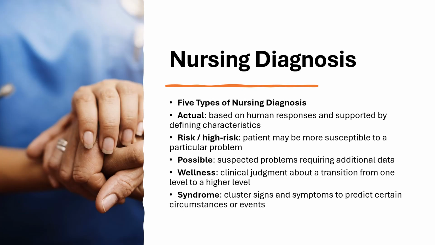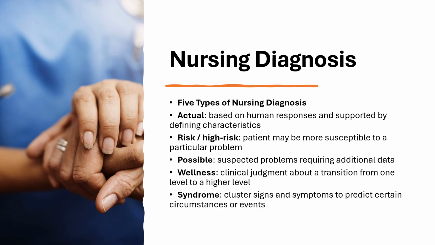For your nursing diagnosis, we have 5 actual types of nursing diagnosis. You have your actual, which is currently happening to your patient based on the responses supported by the different current characteristics of the illness. Risk or high risk, we're talking about how susceptible the patient is to a particular problem.